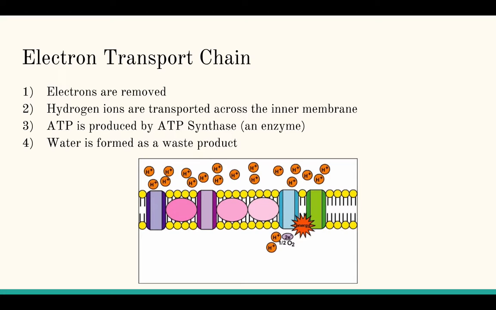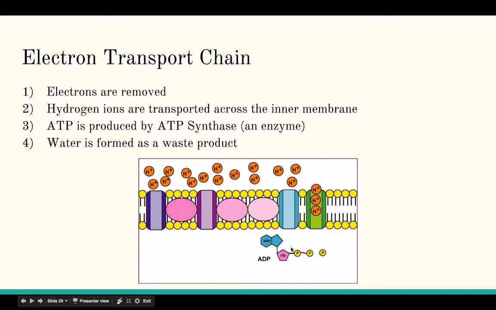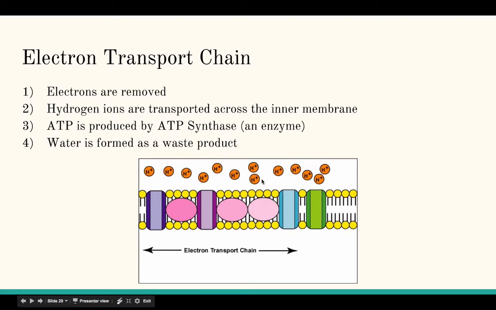So I told you that the parts of the mitochondria were important. Here's where you can really see why it's important. So this side, the bottom side of the mitochondria, or the animation here, would be the matrix of the mitochondria. This would be a space between the inner and the outer membrane. You can see that the H's build up at the top of the animation.